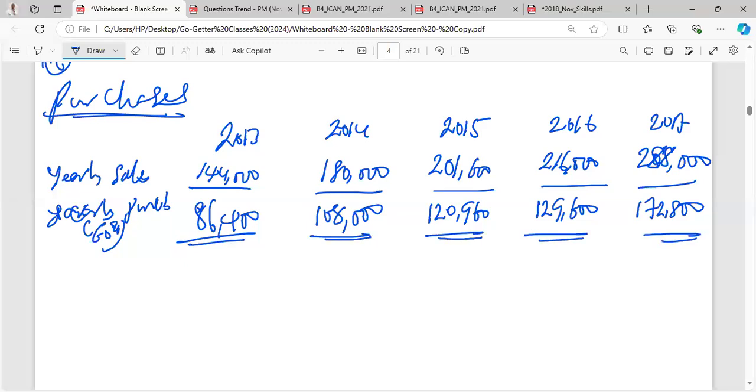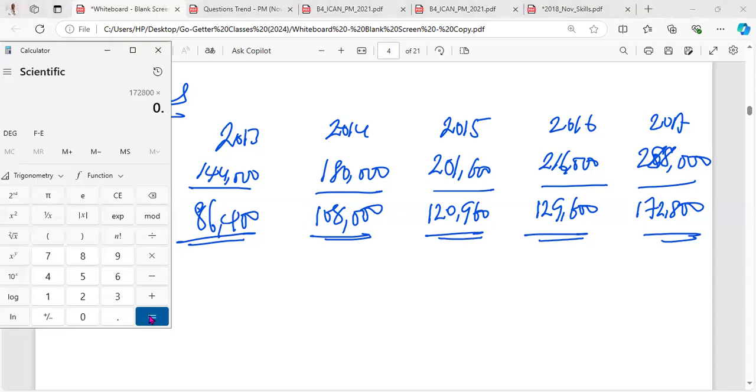That's not all. Let's calculate closing stock. We are told it is 30% of purchase. So we have this already. Let's just find 30% of it. 51,840.